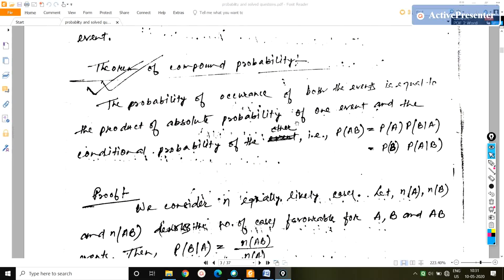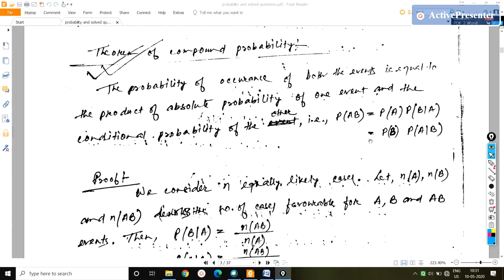The probability of occurrence of both the events is equal to the product of the absolute probability of one event and the conditional probability of the other. So it can also be written as P(B) multiplied by P(A given B).